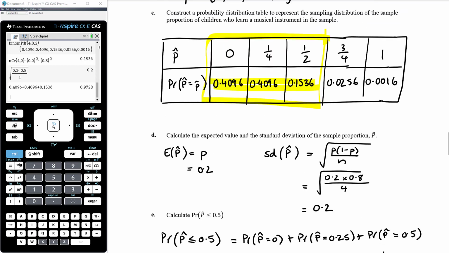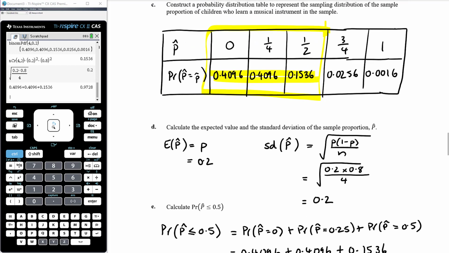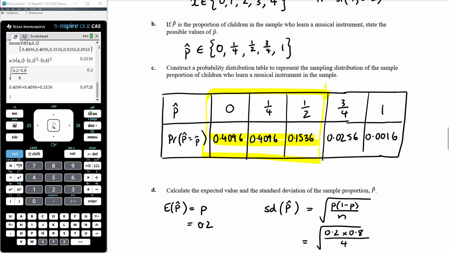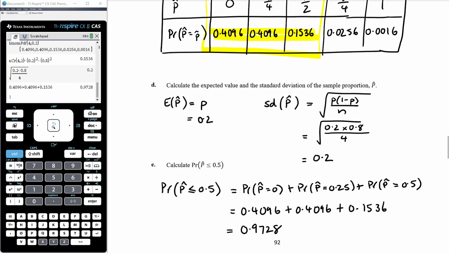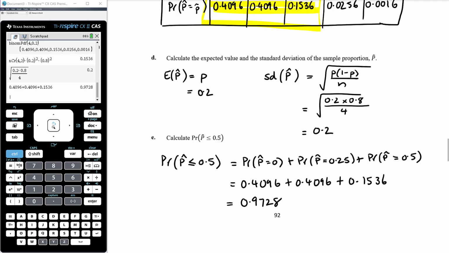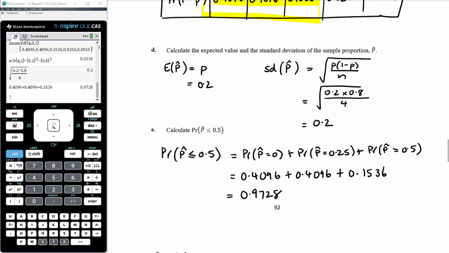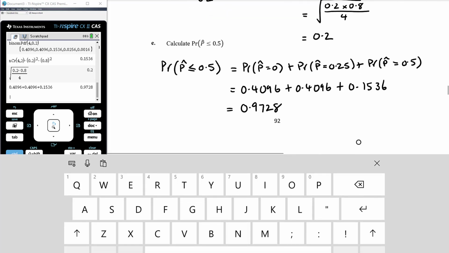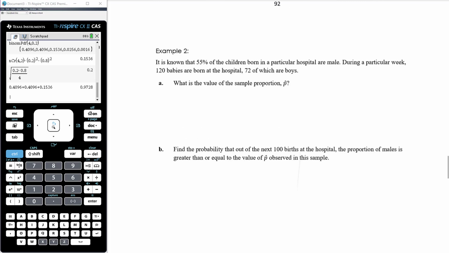So the probability that the sample proportion will be less than or equal to 0.5, so the probability that the number of students learning a musical instrument in a sample of 4 will be less than or equal to 2, is 0.9728. So it is very, very likely that less than or equal to half of the sample will be learning a musical instrument.